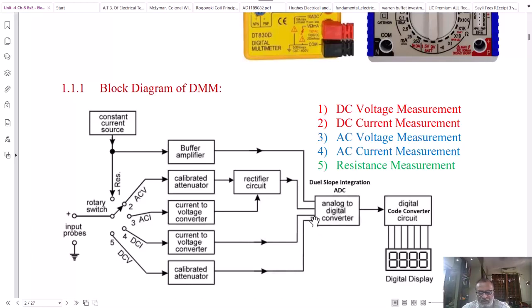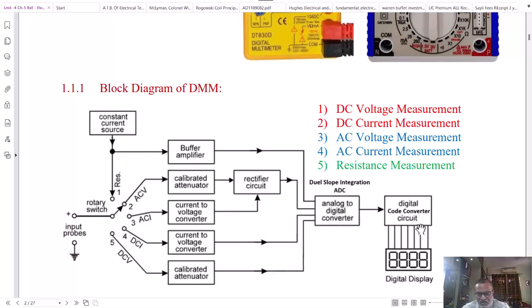If you want this digital display, then you have to convert this analog voltage to a digital value, a binary value. And this binary value will then be displayed on the display after converting it to the appropriate code, normally 7-segment code.